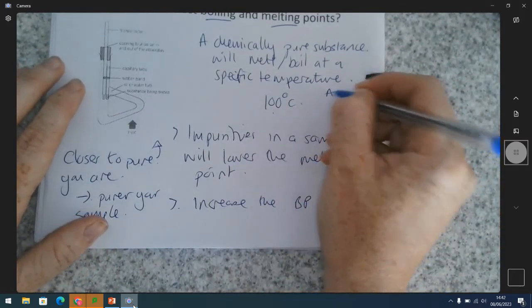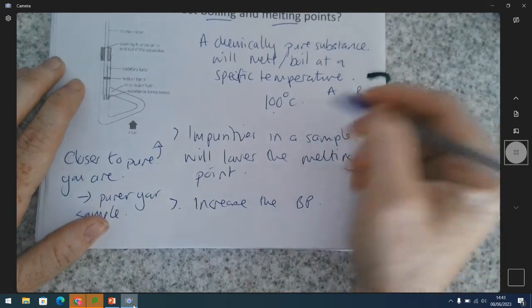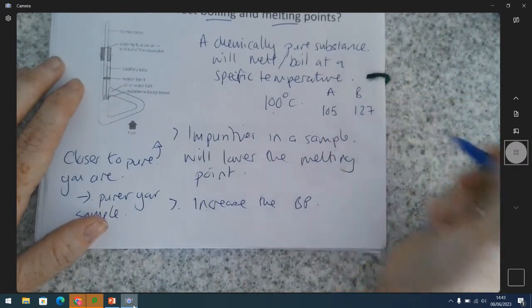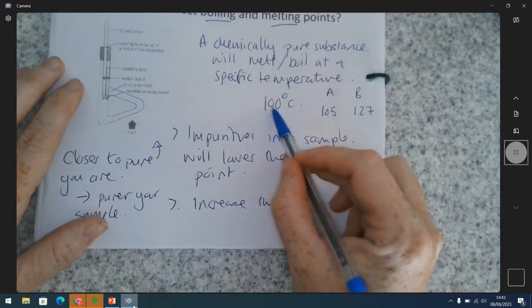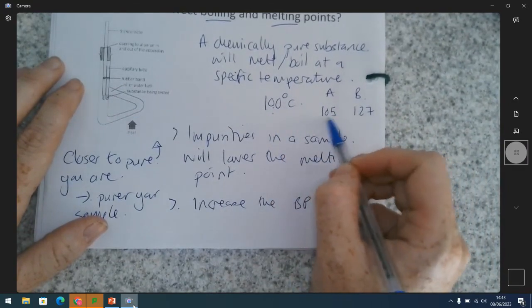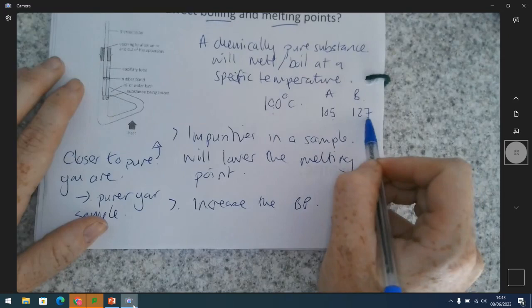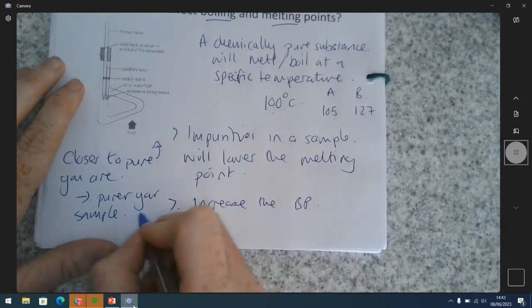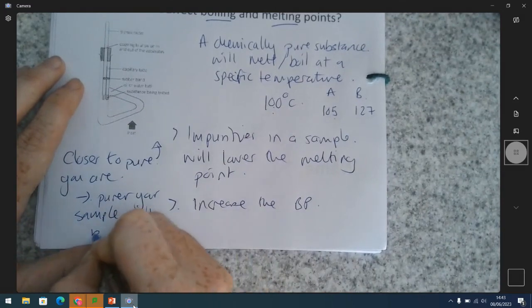If I then had sample A and sample B, and their boiling points were 105 and 127, then 105 would be closer to that. So I would say this has fewer impurities than this substance here. Okay, so the purer your sample will be.